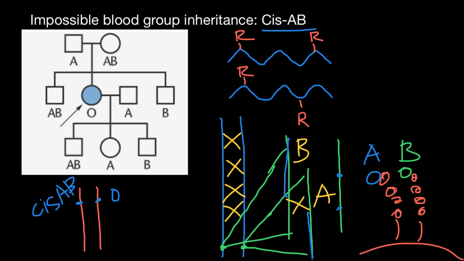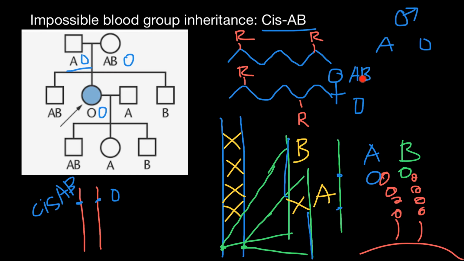So we know for sure that this male is blood type A O, because the daughter has to get one O allele from one parent and another O allele from the other parent. So take a look at what actually happens here. The male parent is genotype A O, the female parent is genotype A B O.